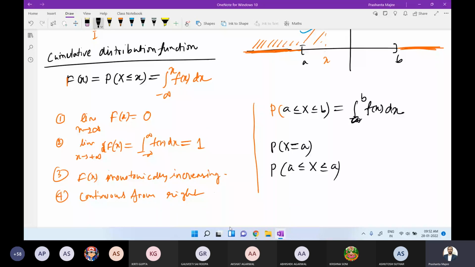By definition it will be the integral from a to a of f of x dx. So basically that gives you the area of a line. What is the area of a line? It's 0. So for a continuous random variable, the probability that it assumes a certain value is 0. In the discrete case it is not 0.